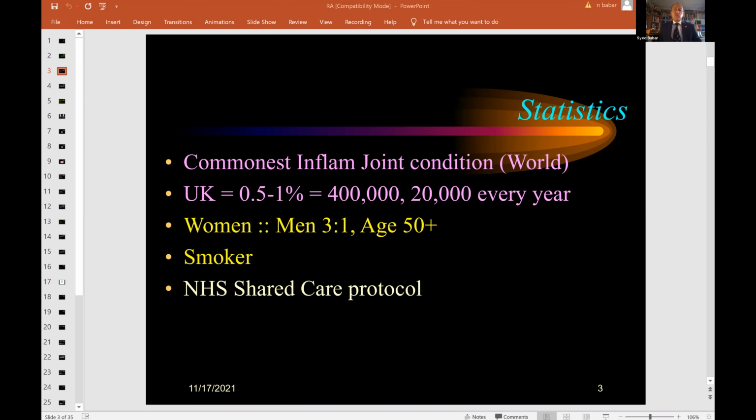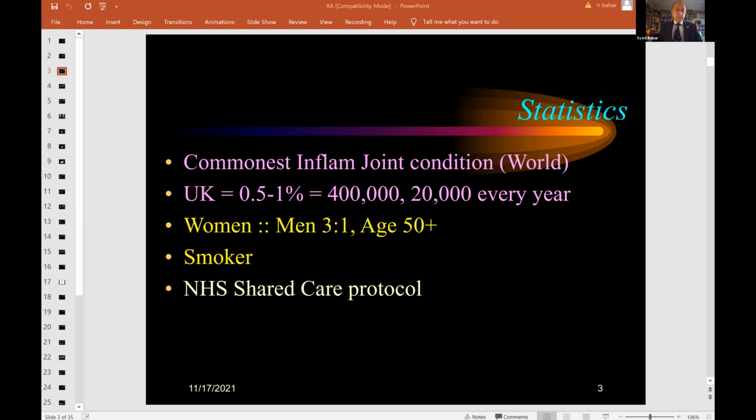It is perhaps the most common inflammatory joint condition universally. In the UK, the incidence involves around 0.5 to 1% of the population. So this means that since the screening and diagnosis process began, nearly 500,000 people are currently suffering from rheumatoid arthritis, with 20,000 new cases added every year.